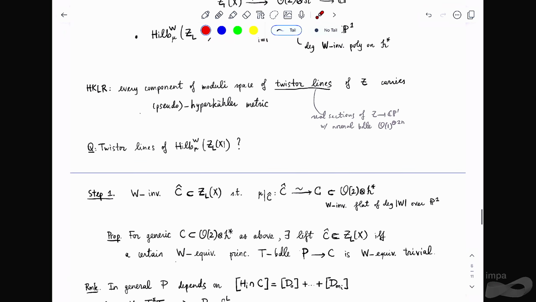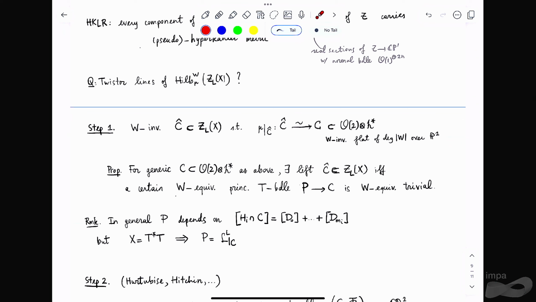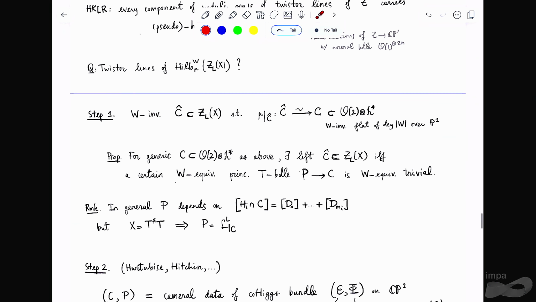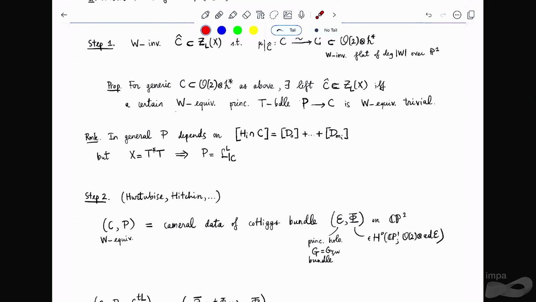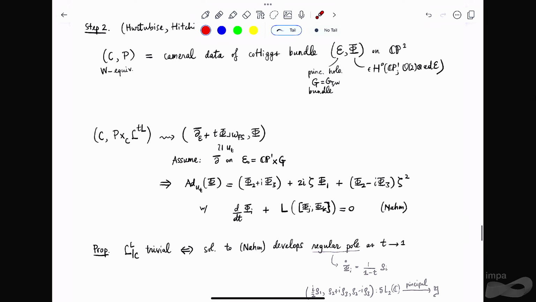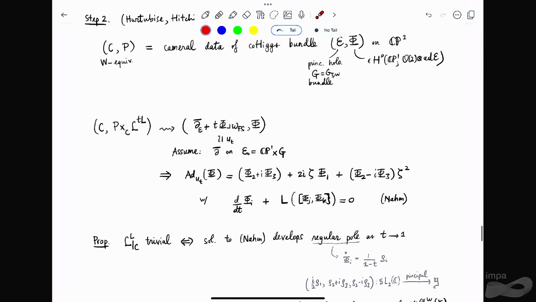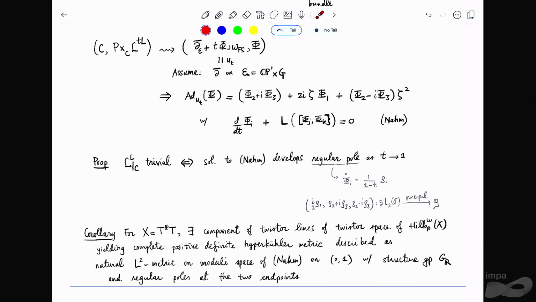And this is where there are some classical generalizations of spectral curves to higher rank groups, where you can think of twistor lines as cameral data of a co-Higgs bundle, and then follow some work of Hitchin and Hurtubise, and lots of classical things, to reinterpret co-Higgs bundles as solutions to the Nahm equations.